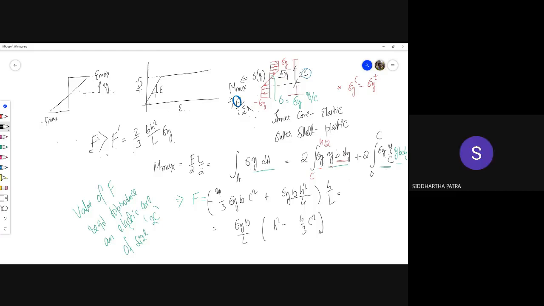Okay. So in this expression, substitute c equals h by 2. What do you get?